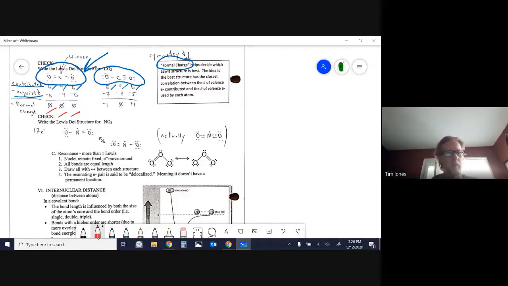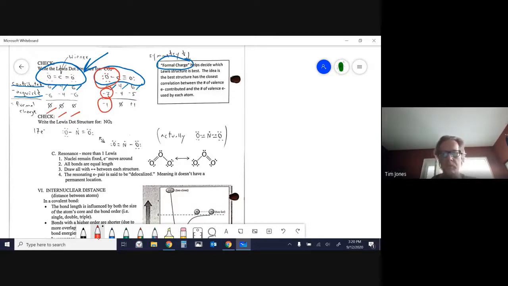Let's compare this to the one on the right. If we look at the oxygen here, it has 1, 2, 3, 4, 5, 6, plus half of what's in the bond, which would be 7. So that's where the minus 7 comes from, and you get a negative 1.